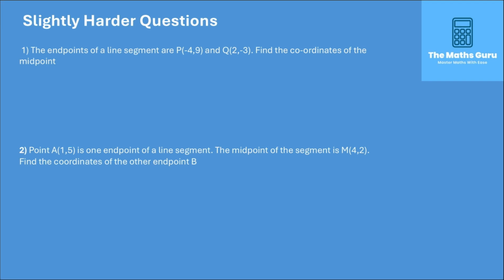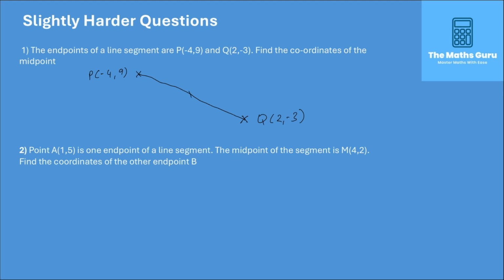So (-4, 9), we'll draw that here. And our (2, -3) is going to be somewhere here. So we'll call this Q (2, -3).